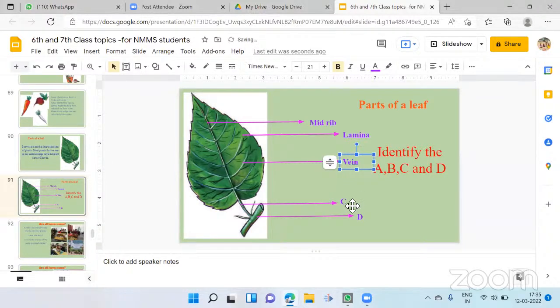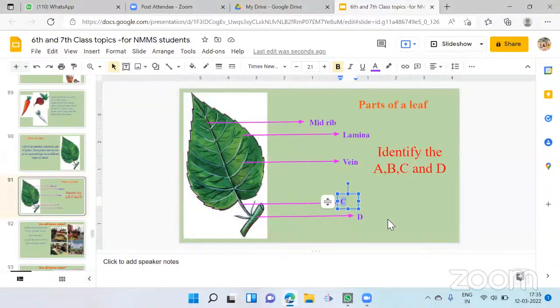Very good. Now tell me, what is the C? It means the part which is labeled as C, not stomata, Sanjana, not stem. Anymore?